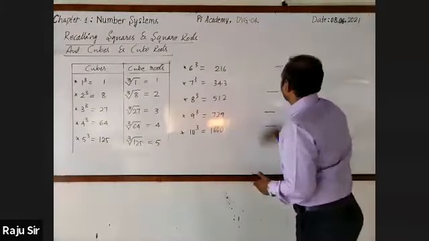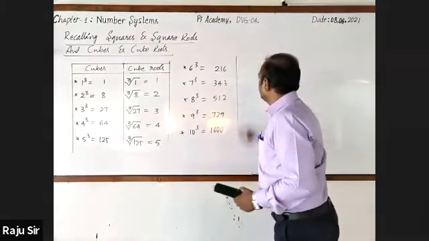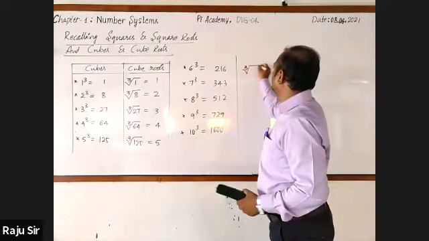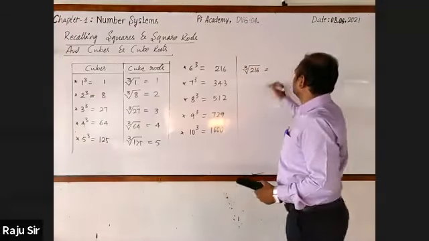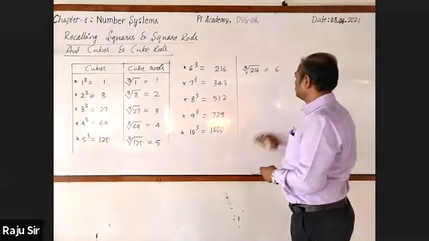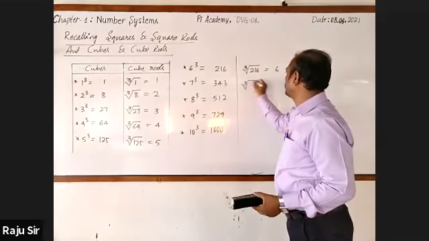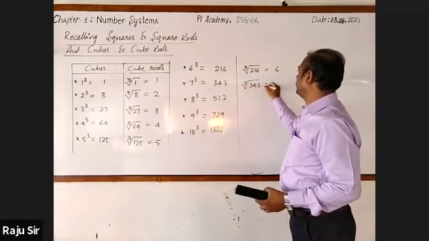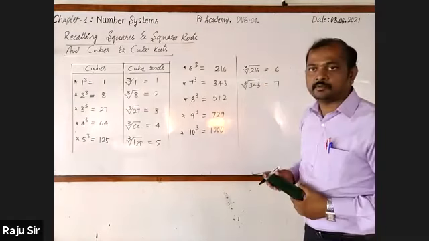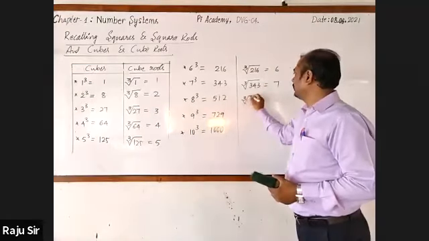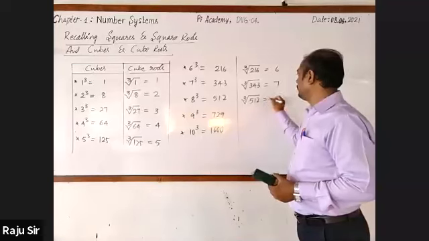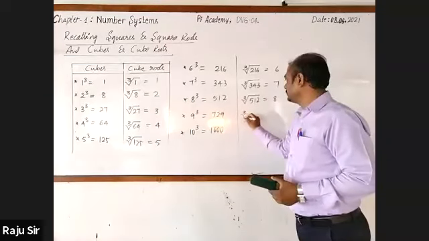Next. Cube root of 216 is 6. Cube root of 343 is 7. Cube root of 512 is 8.